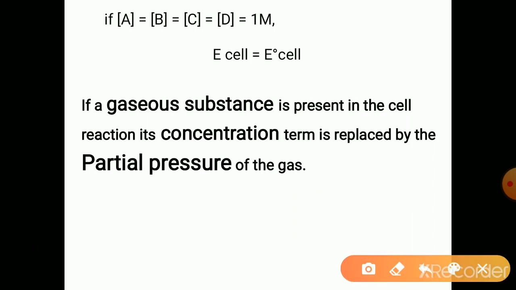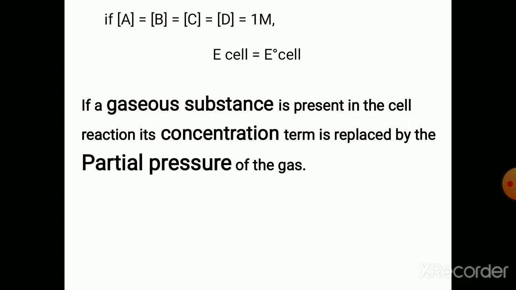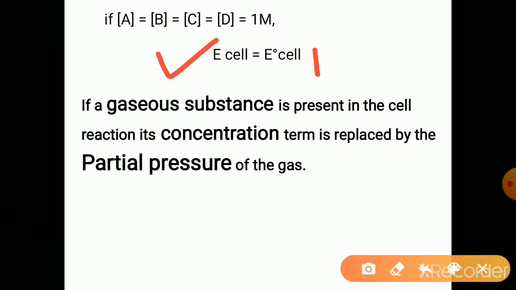So when the concentration of each term, the reactants and products, is unity, the potential in the non-standard state electrochemical condition will be equal to the potential of that cell in the standard electrochemical conditions. So E of the cell becomes equal to E naught of the cell when the concentrations of reactants and products are unity.